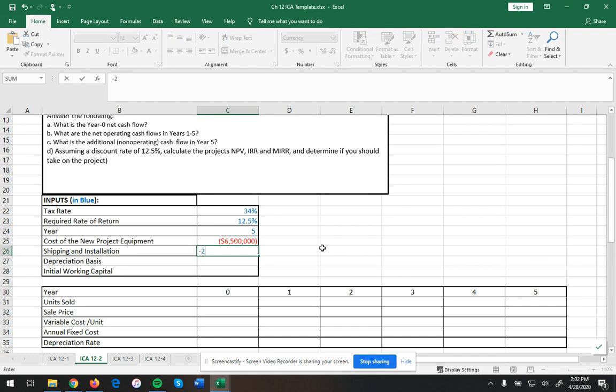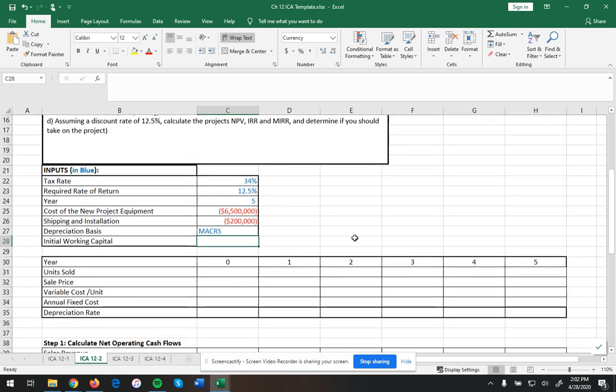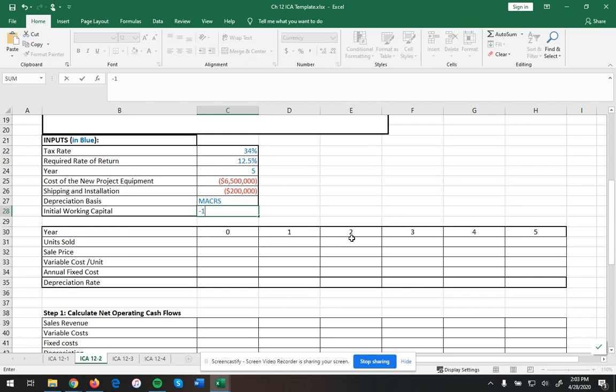Shipping and installation is $200,000. Depreciation basis, which we don't really have anything yet. It's MACRS. And our initial working capital is $1 million. So that is a cash outflow.